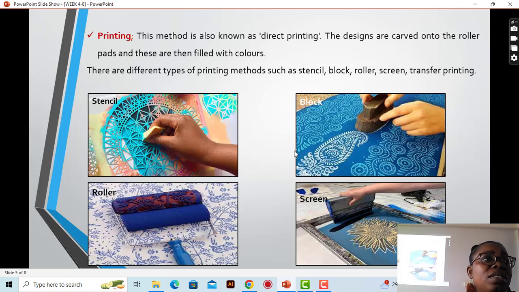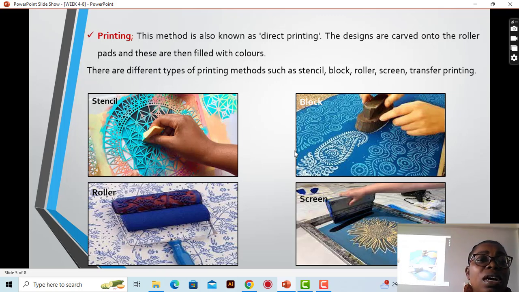Then we have printing. With printing, we have so many methods of printing. Printing is transferring color and patterns or design onto a fabric.